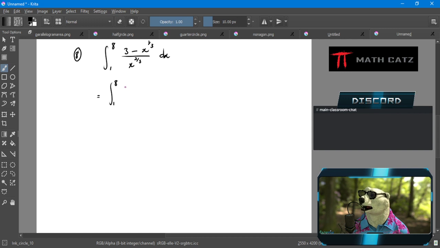So it'll be 3 over x to the 2/3 minus x to the 1/3 over x to the 2/3. And then I will simplify each of those terms to 3x to the negative 2/3 minus x to the negative 1/3, since 1/3 minus 2/3 is negative 1/3.